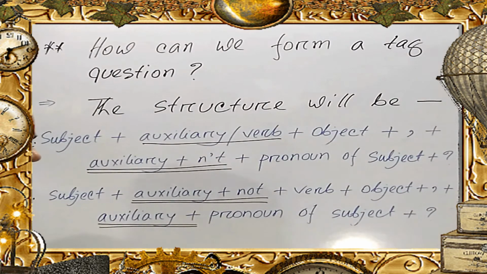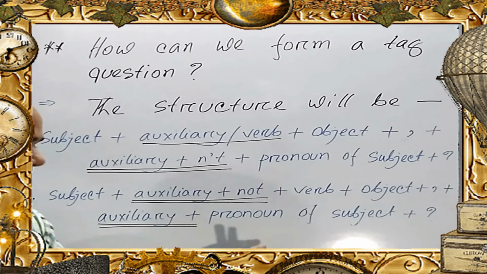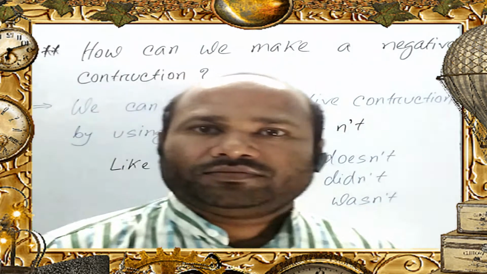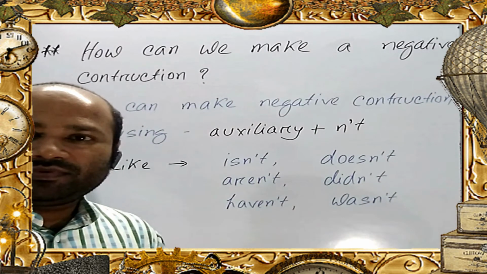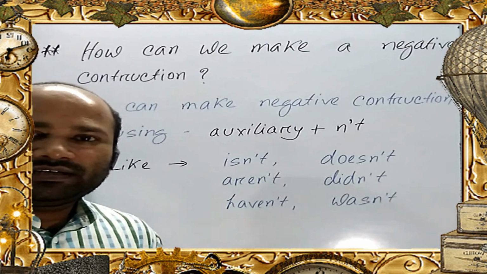You cannot use the negative form of auxiliary. And in both sentences, you have to use the pronoun. Now, how can we make a negative contraction? I have told that we have to use just contraction if we are going to make it negative.